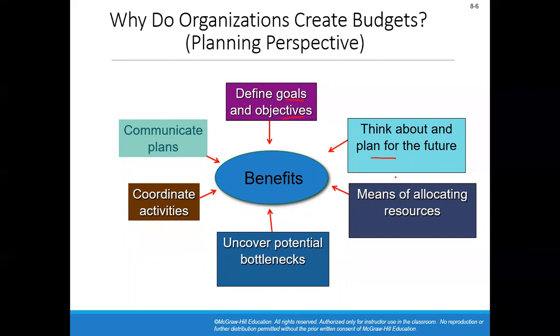Okay, so in this way we try to identify the benefits. But let me ask you, other than these benefits that have been mentioned, every month you make a budget for your monthly expenses.